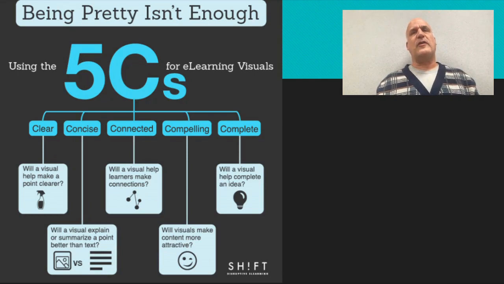And the answer is sometimes you don't. But there are other times where a visual can really bring something to life, can really show what we want to show. We often say that when you're writing, you should show, not tell. A lot of times when we're giving a presentation and we're talking at people, we're telling them. But you can use these visuals to help show what you're trying to tell them.